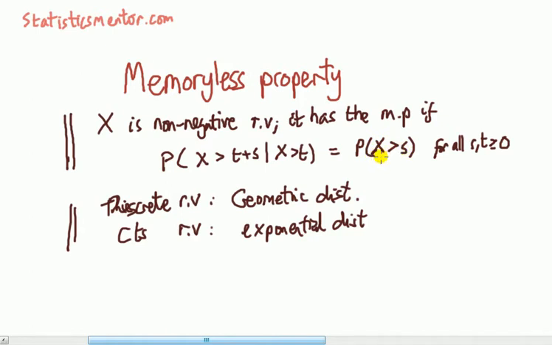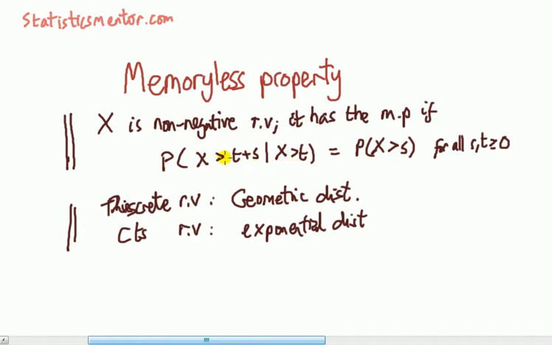That's the same as the chance that you get a head after s tosses. To put it another way, you've thrown the coin t times and you haven't got a head.